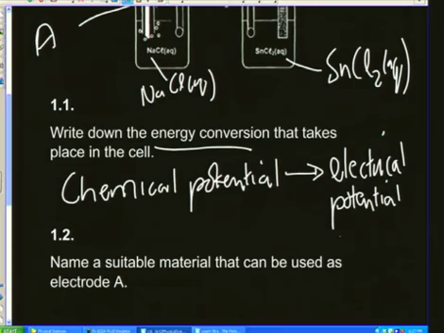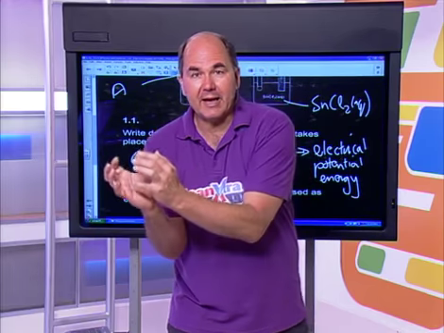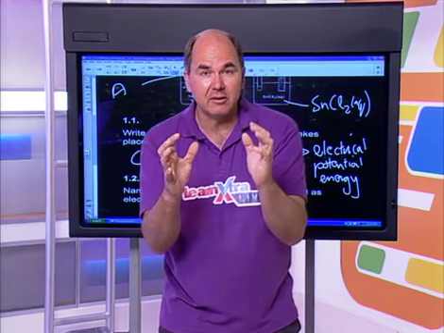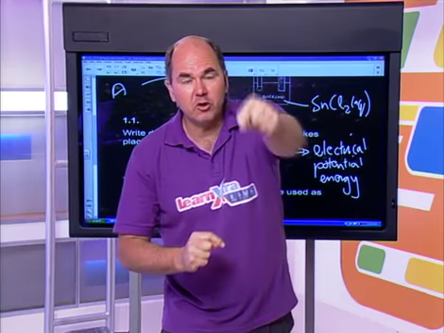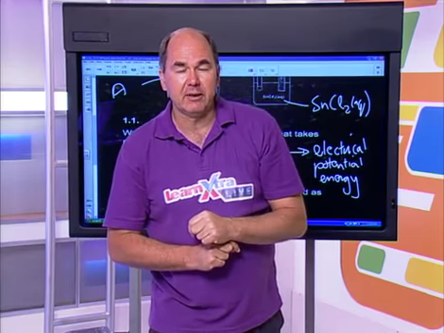So from chemicals, we get electricity. What's the other way around? That wouldn't be a galvanic cell, that would be an electrolytic cell, where we use electrical potential to force a chemical reaction to take place.